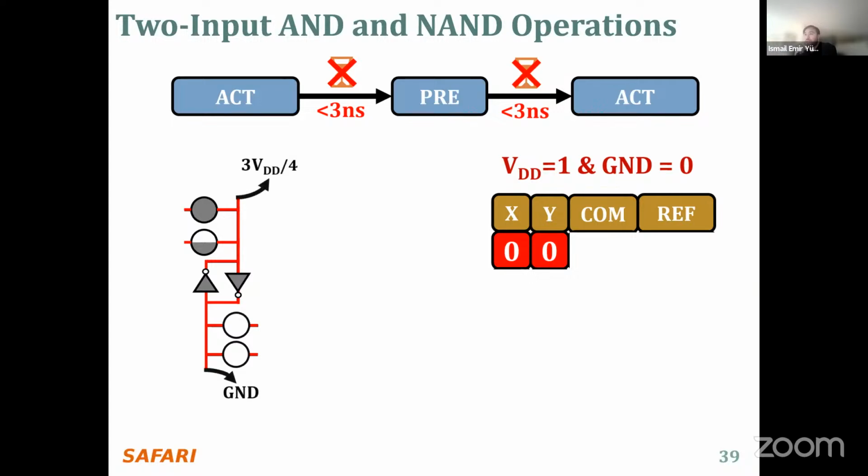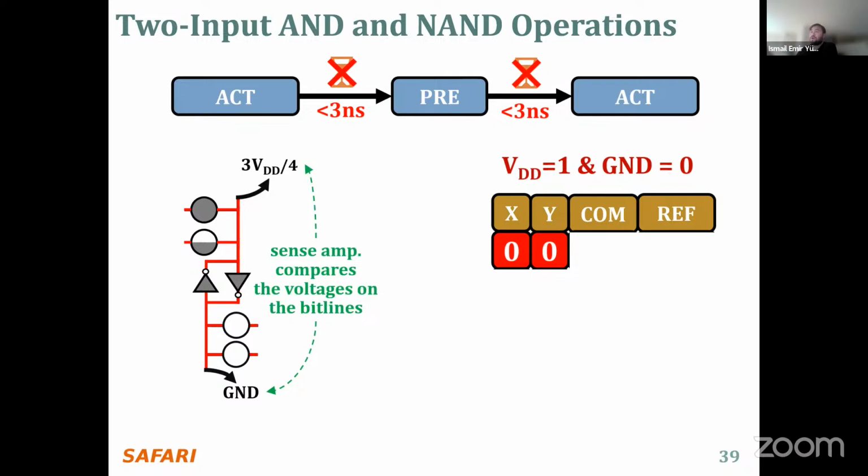What happens is that when X and Y are 0, the upper bitline becomes the average of VDD and VDD half as we discussed, which means that it becomes 3 VDD over 4. For the compute subarray bitline, it becomes the average of X and Y. In this case, it's ground and ground. The average is ground.